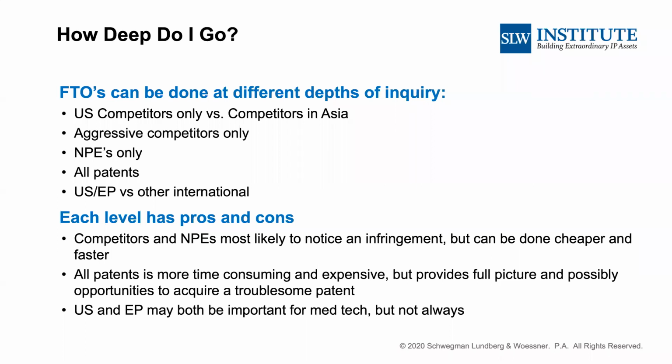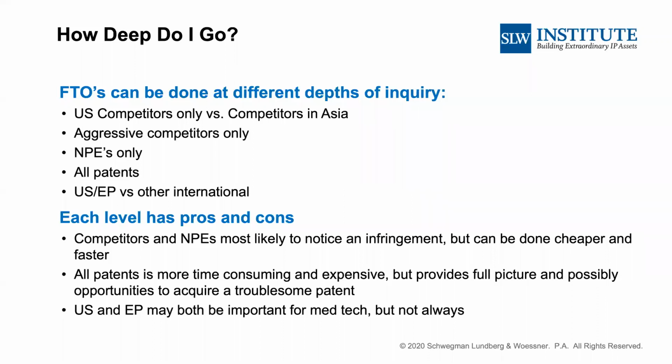I would say in most cases, we always get a list of assignees or potential competitors and run a search against them. In terms of how deeply to look at a particular patent, the question as to whether it's an aggressive competitor would come into play. But in terms of just identifying patents up front, we probably look more broadly at generally competitors in that space.